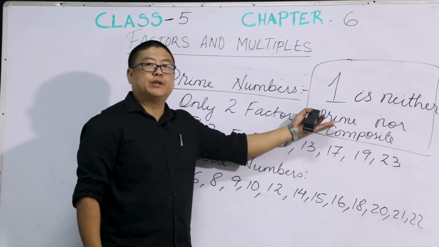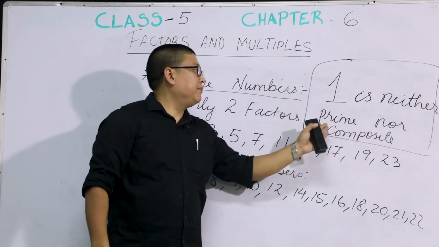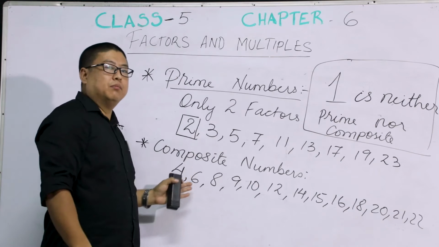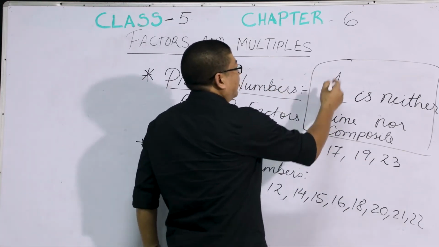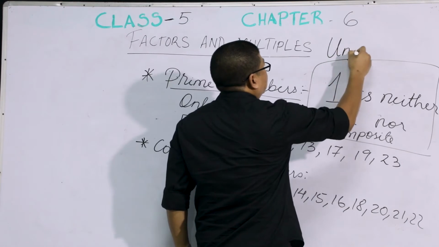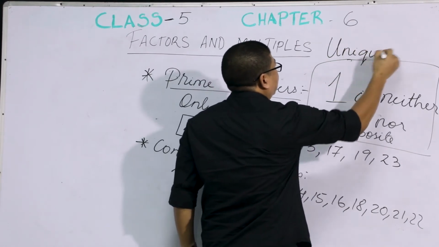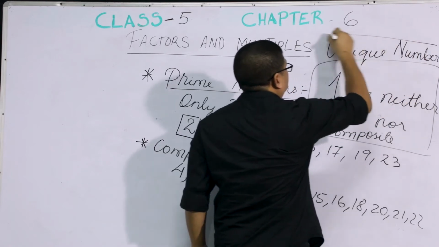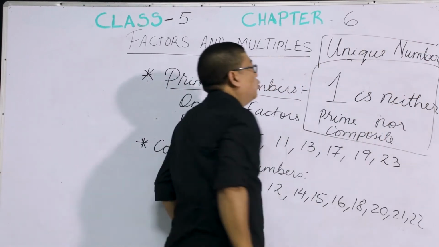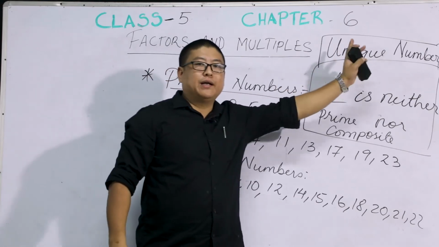This can be another question. 1 is not a prime number, and it is not a composite number. It's just a number. But this number is also given a name, it is called a unique number. All right? So 1 is called a unique number.